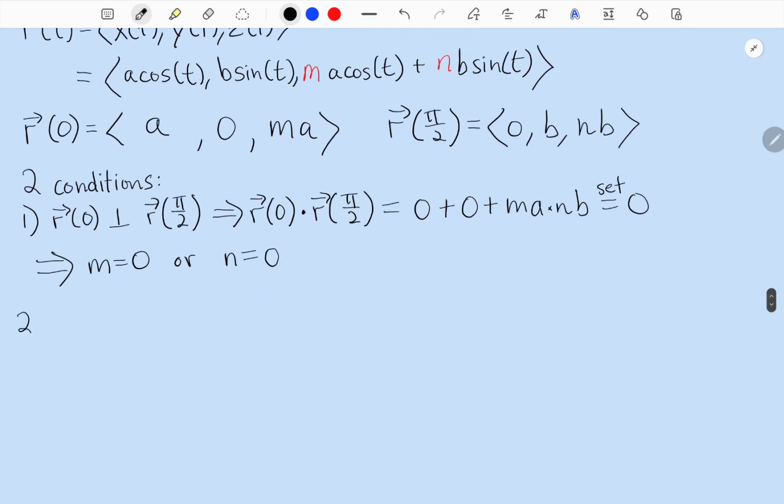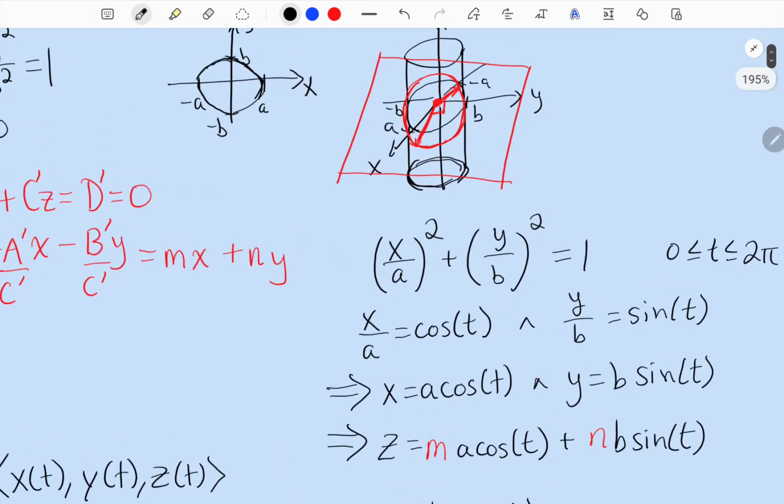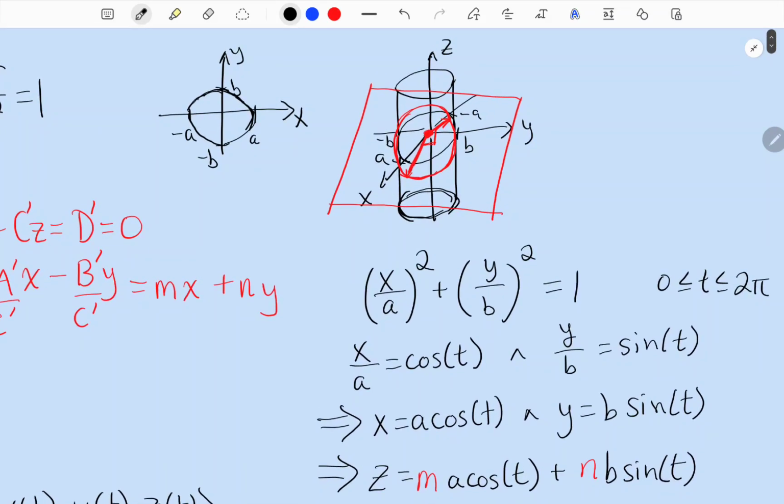Okay, so now the second condition is that, since you're on a circle, probably a tilted circle, these position vectors are going to be on the circle. They're like the radius of the circle. Let's say the circle is tilted, and in this diagram, this position vector is going to be a bit lower, below the xy plane, and then the other one is probably going to be above it, just for the sake of this diagram.